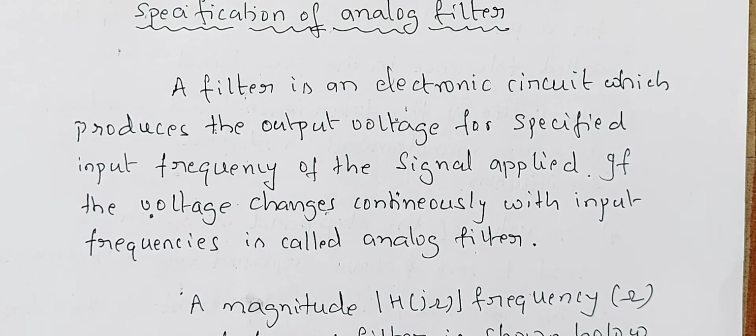That is called an analog filter. And of course, there are two types of filters. One is called a passive filter. Another is called an active filter.